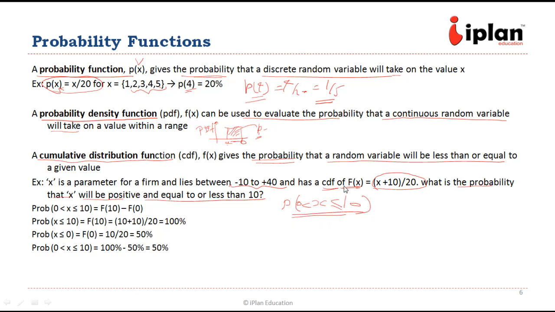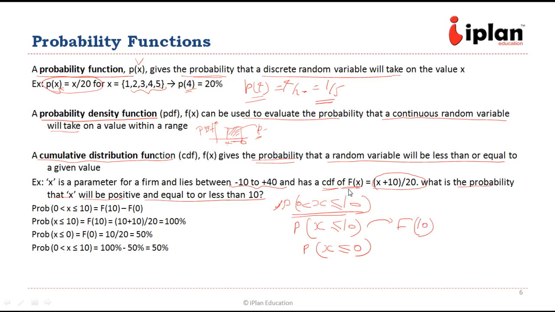We have the cumulative distribution function, so we can calculate the probability of x being less than or equal to 10 and the probability of x being less than or equal to 0. If we take the difference, we will get the value. See here, this is defined by the cumulative distribution function F(10).